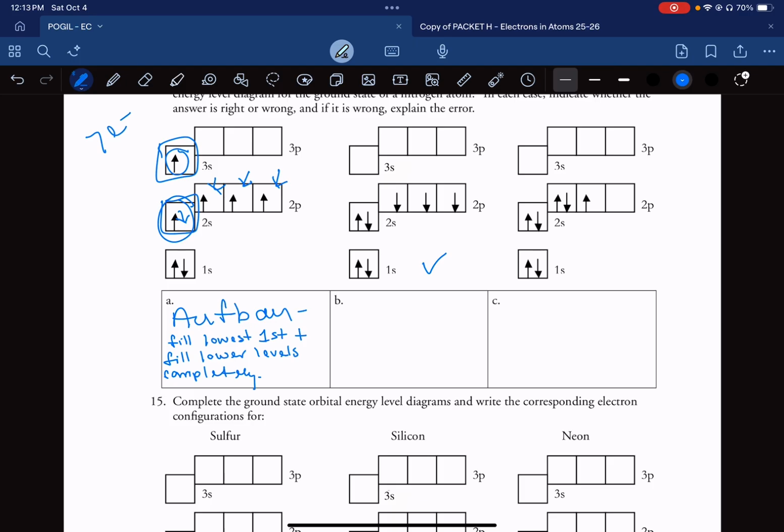We must distribute our electrons spinning in the same direction in each orbital before they can then be paired up in the opposite direction, like what we have up here. You see how we went up, up, up, and then we could pair downward. And now we have a pair.